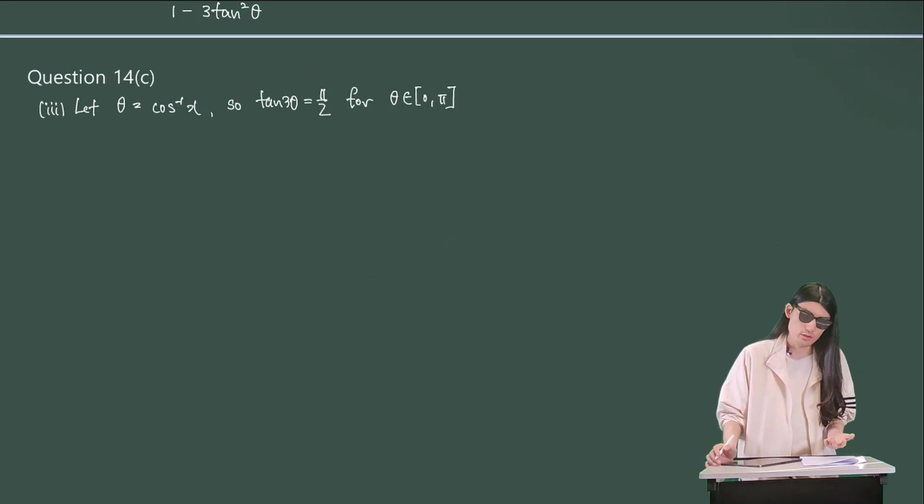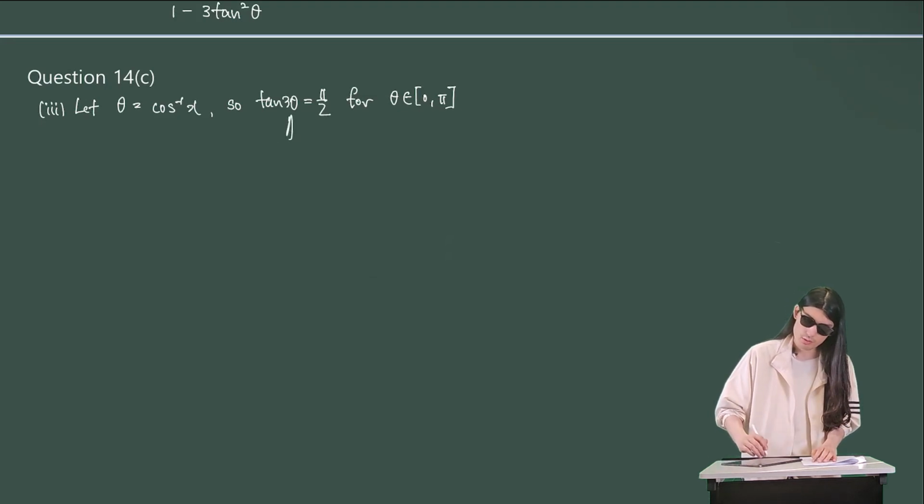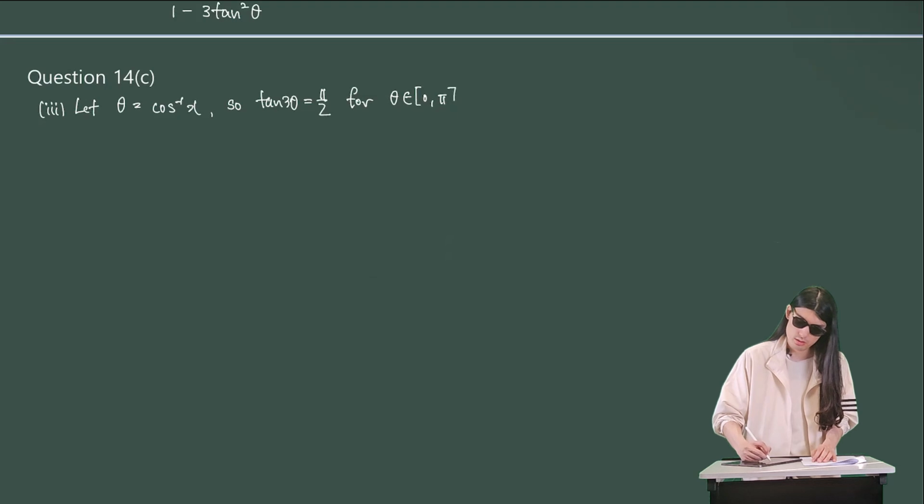So what am I essentially doing by making the equation tan 3 theta equals 11 on 2? What I'm saying that I'm going to do is find the values of 3 theta that make tan 3 theta equal to 11 on 2.